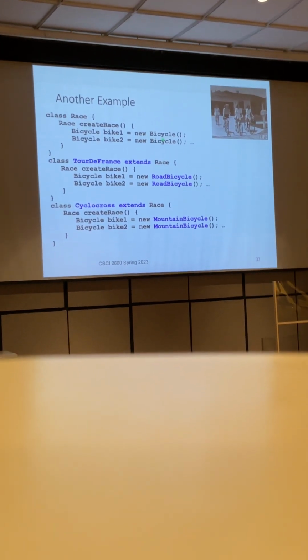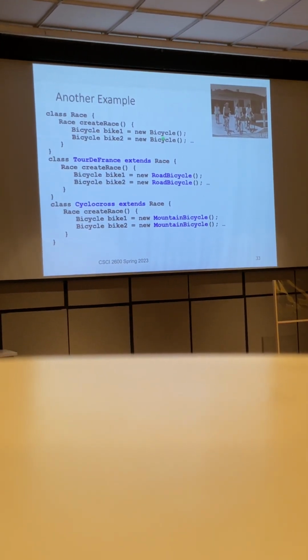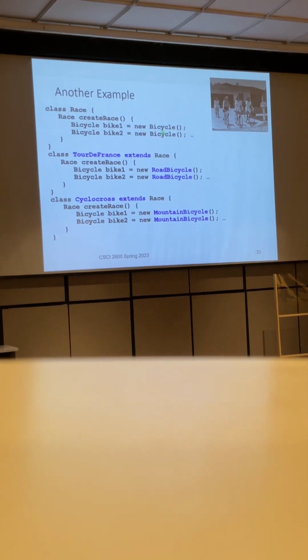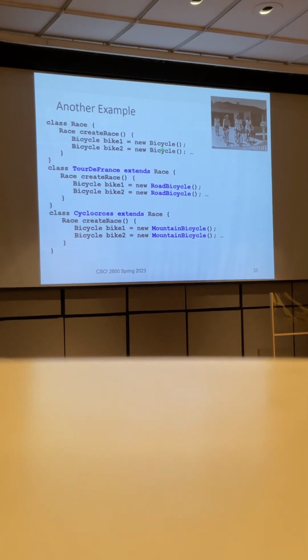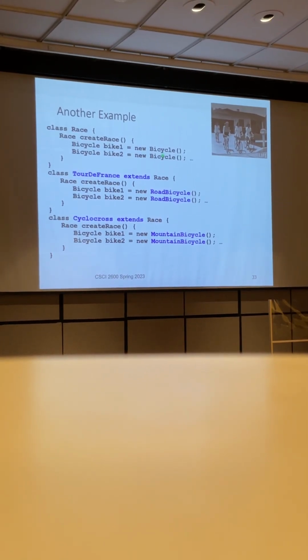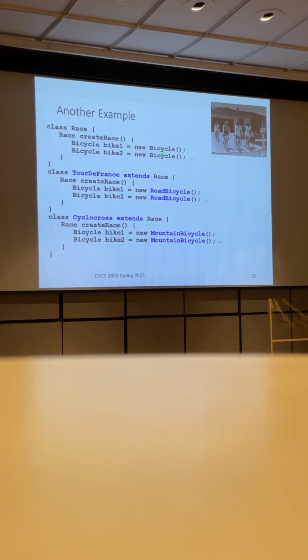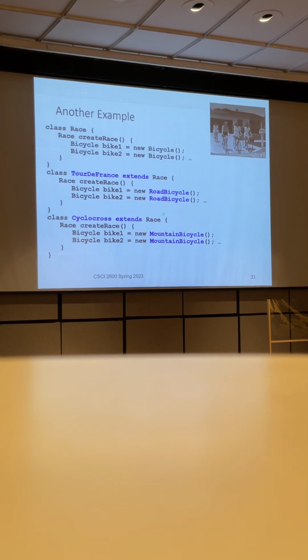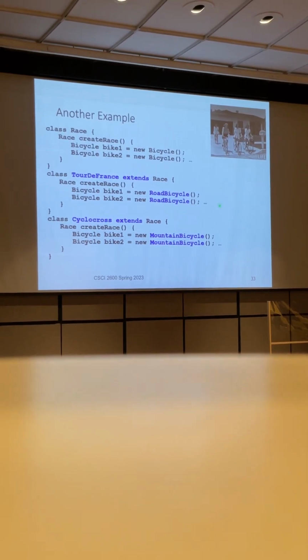So there are several dimensions here. We need to be able to have different types of races, and each race would imply a certain type of bicycle. You see how here we clearly want something more flexible than just the code that is written here, where we essentially have code duplication, right?